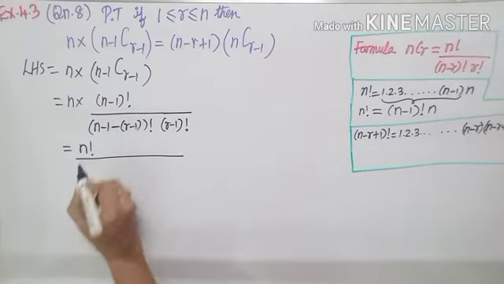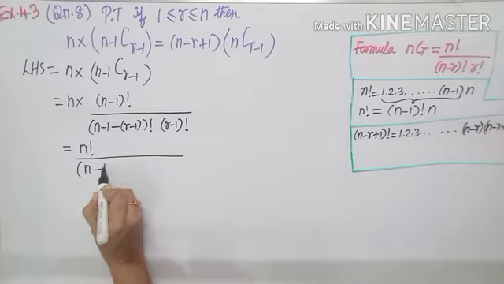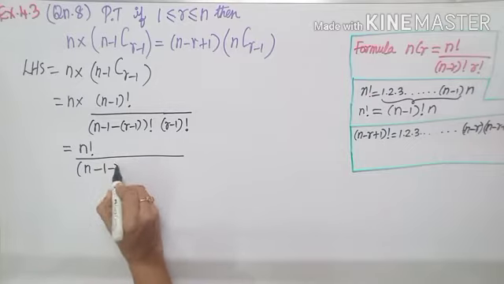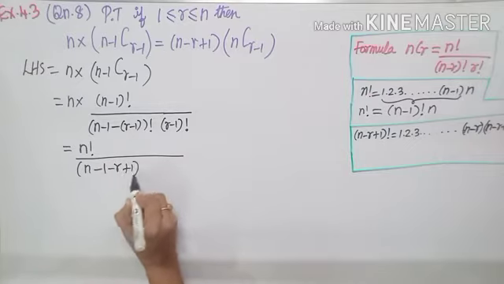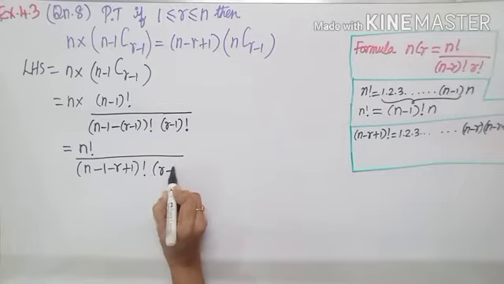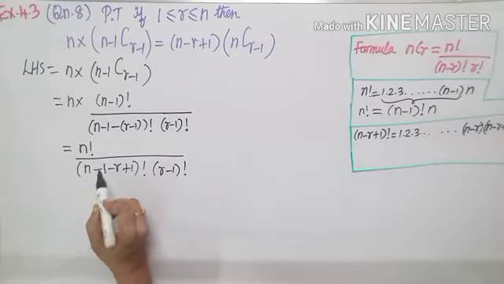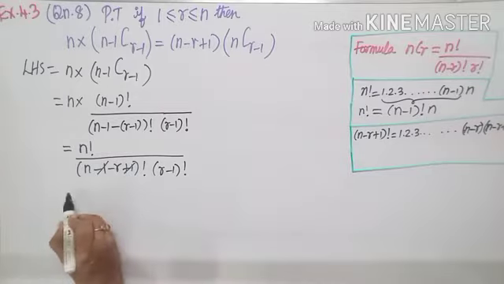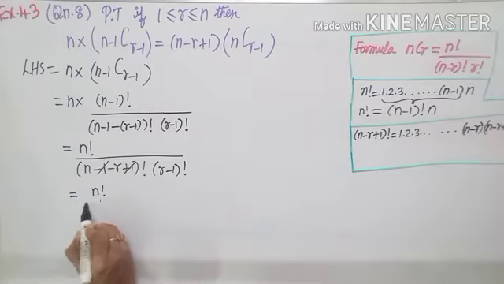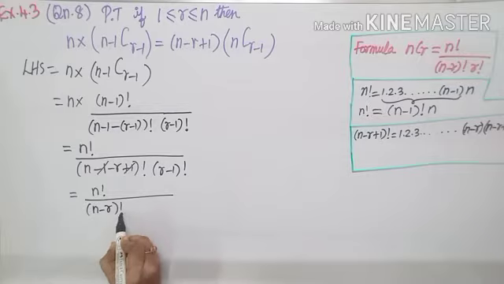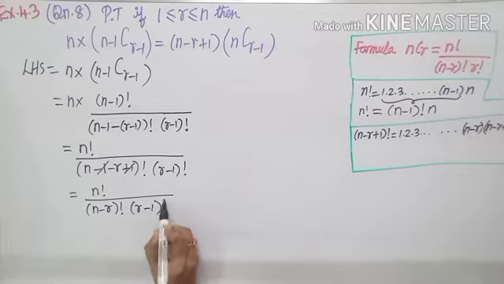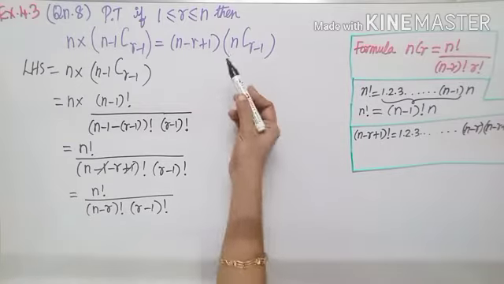Denominator, simplify this: n minus 1 minus r plus 1 factorial into r minus 1 factorial. This I can cancel, minus 1 and plus 1. So I am left with n factorial by n minus r factorial into r minus 1 factorial. Just see the RHS.